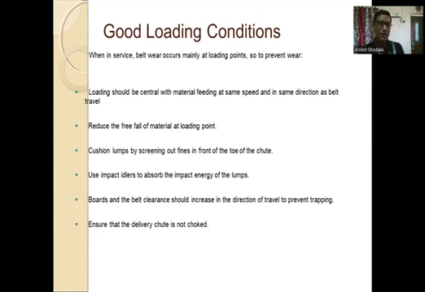Third, cushion lumps by screening out fines in front of the toe of the chute. Then use impact idlers to absorb the impact energy of the lumps. Then the skirt boards and belt clearance should increase in the direction of travel to prevent trapping. And last, ensure that the delivery is not choked through the hopper.